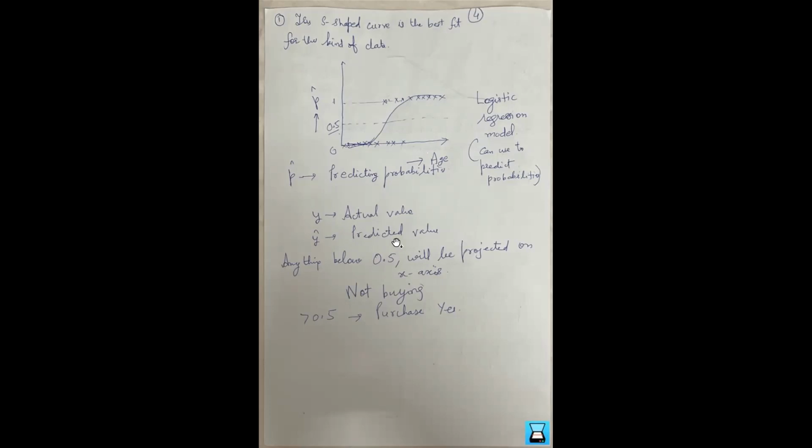So these are the predicted values, and this is only the representation. Anything below 0.5 will be projected on the x-axis, which is not buying. Anything above 0.5 will be projected on this line 1, which is a decision of yes. So this is what is known as logistic regression.